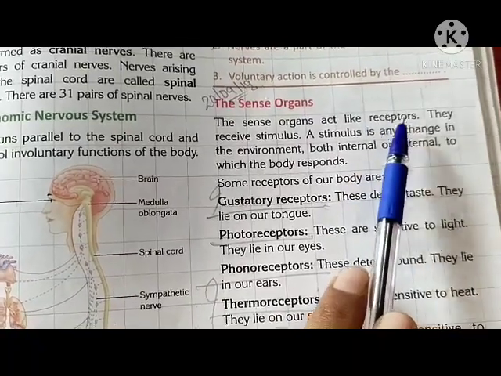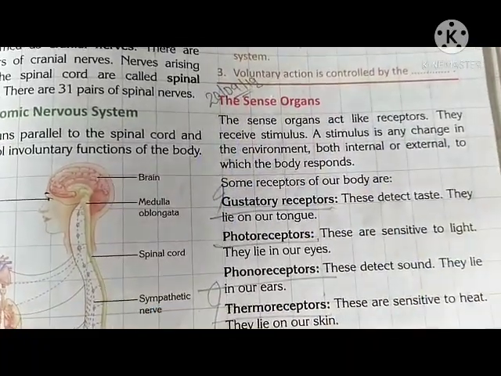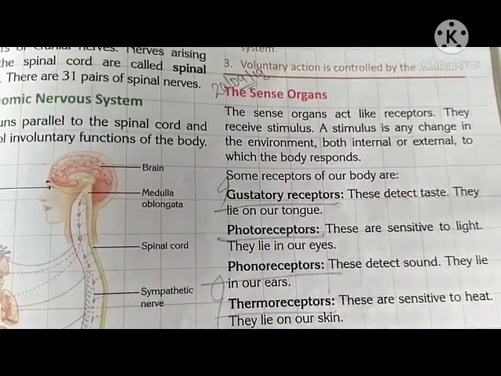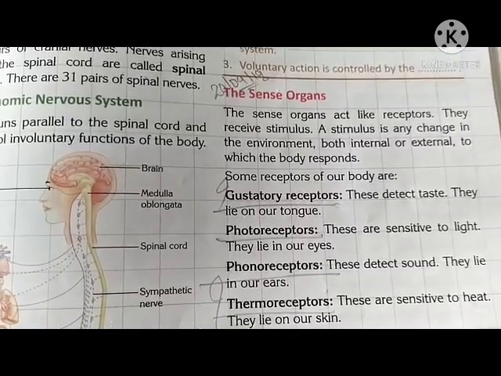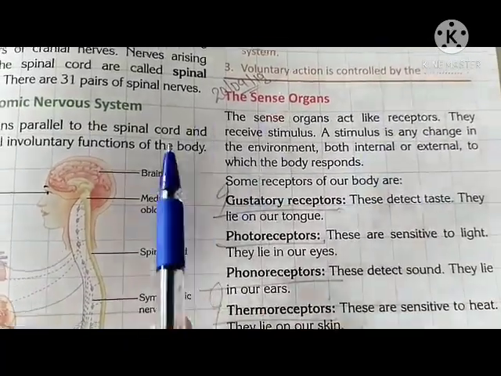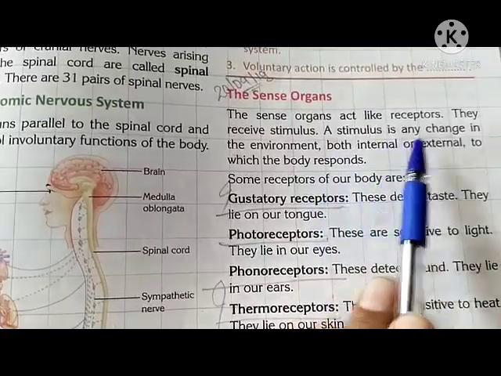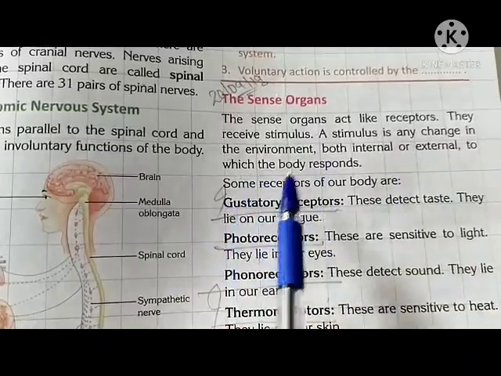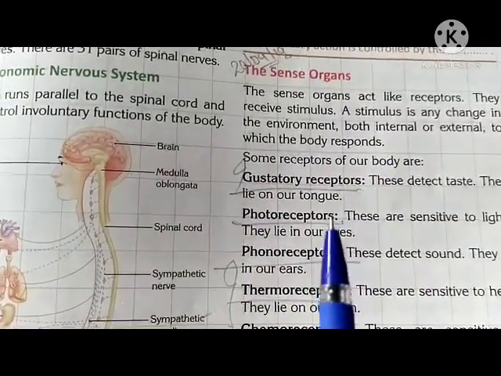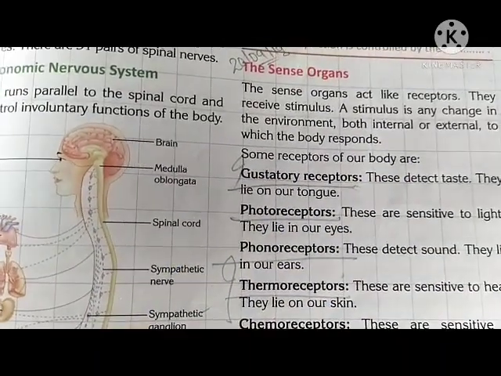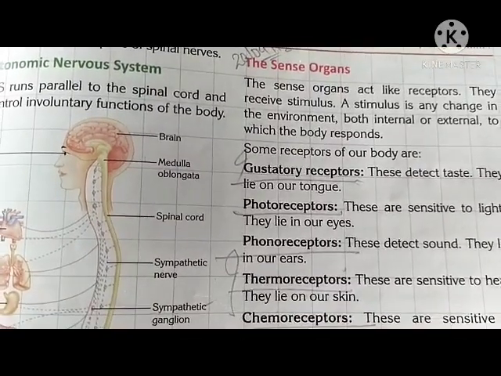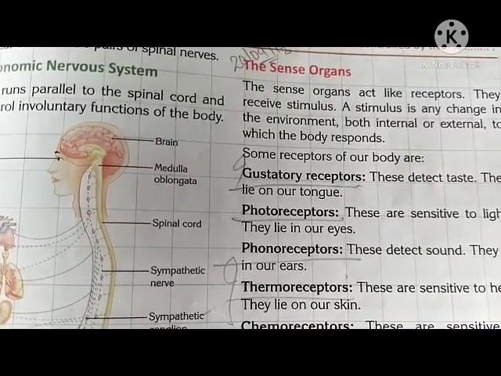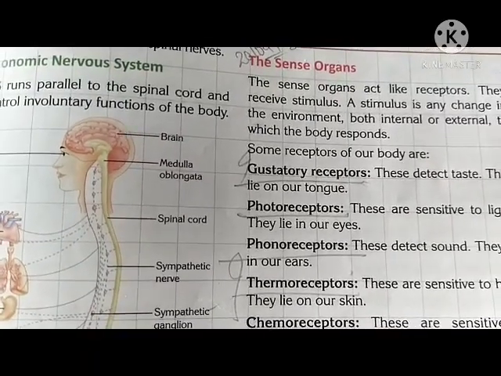What are receptors? Receptors detect the stimulus. A stimulus is any change in the environment, both internal or external, to which the body responds. The organ which accepts or detects that stimulus is known as a receptor.